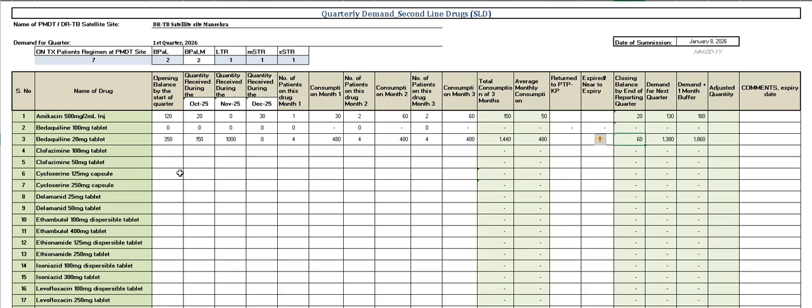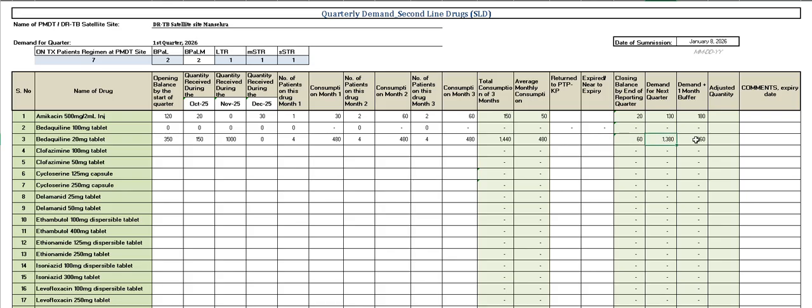Look, 1440 was the demand before. Now it becomes 1380. Why? Because your requirement is 1440 and you are having 60 tablets, so it will be subtracted from it and it will become 1380.